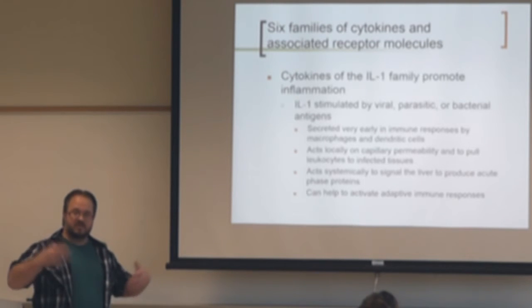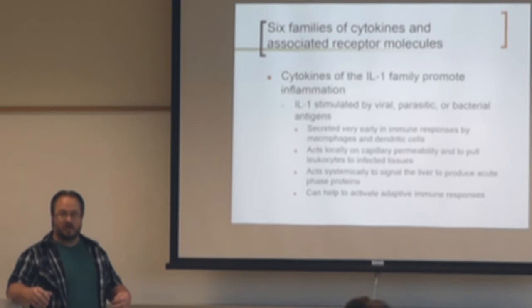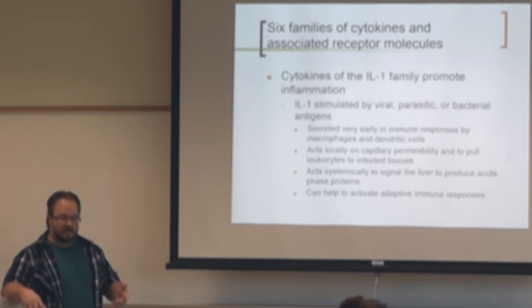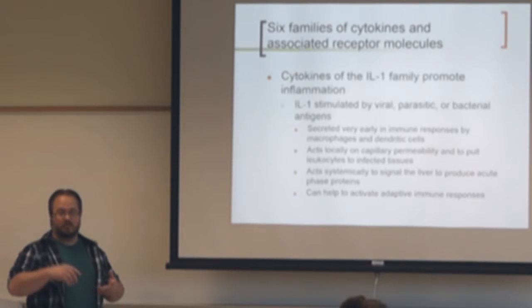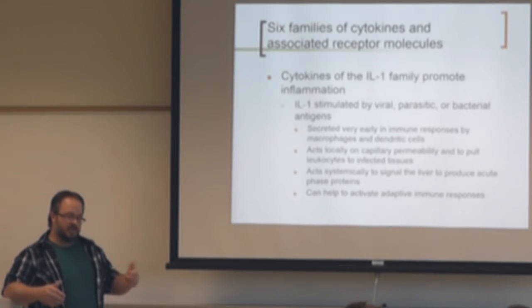They're going to bring in cells. Those cells are going to start damaging tissue and reorganizing tissue. They're involved in tissue remodeling and bringing in white blood cells, macrophages, neutrophils. So IL-1 is really important. But if it's secreted chronically, it can be involved in tissue remodeling and tissue damage.